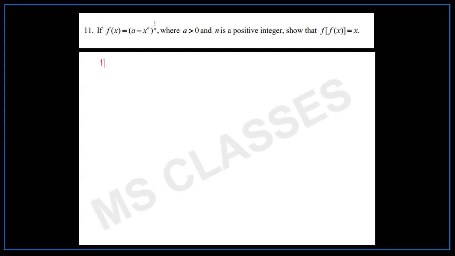It is given f(x) equals to (a minus x to the power of n) to the power of 1 by n, a greater than 0, and we have to show here f of f(x) equals to x.